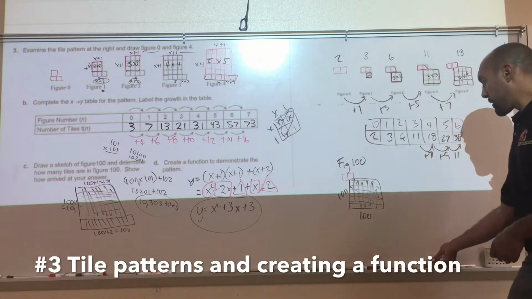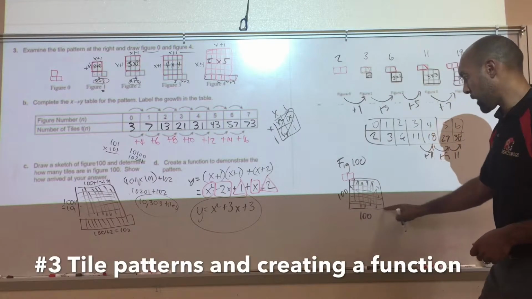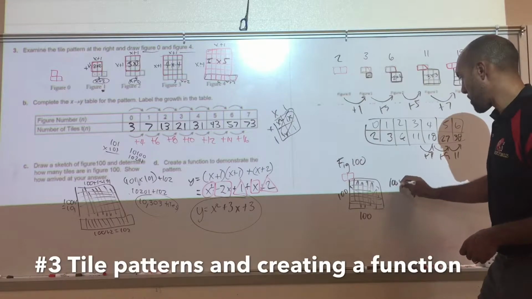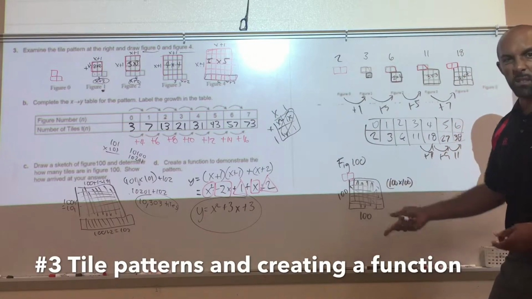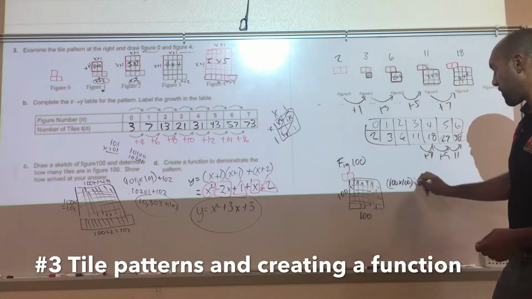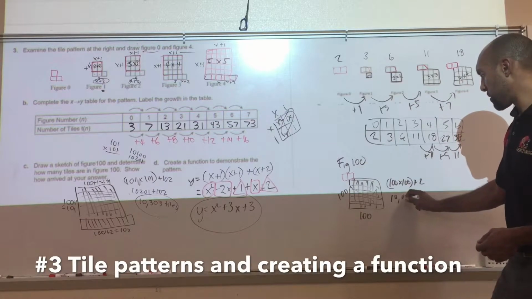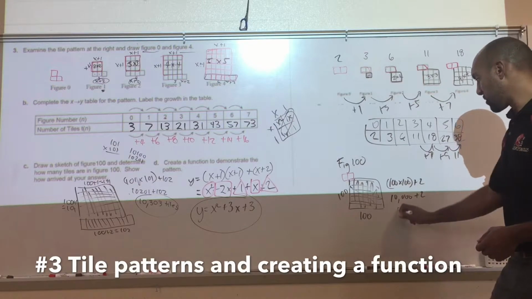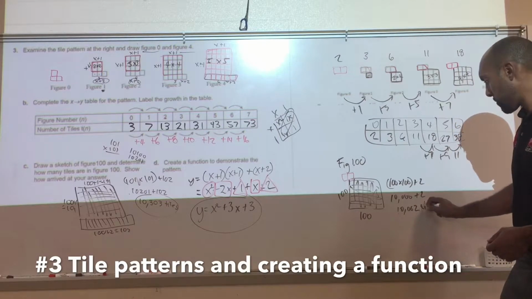Now to figure out the total, I have to do 100 times 100, because to figure out the total tiles in a rectangle or a square, you do one side times the other. And then I have to add those 2 on the side. 100 times 100 is 10,000, and then add the 2, that's 10,002 tiles.